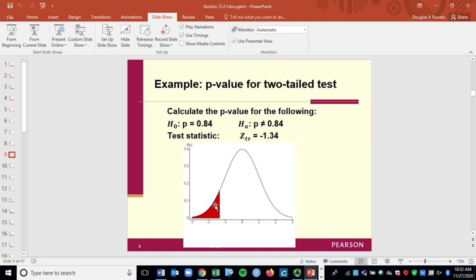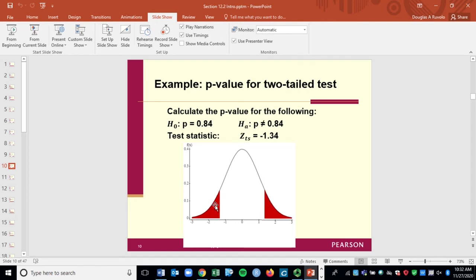However, because we were testing both tails, you got to kind of go back to the idea of the p-value, that the p-value is getting something as rare as our test stat. Well, what's as rare as our test stat? Not alone is it less than a negative 1.34, what's also as rare as that on the standard normal, since we were testing both? It's exactly the opposite side.